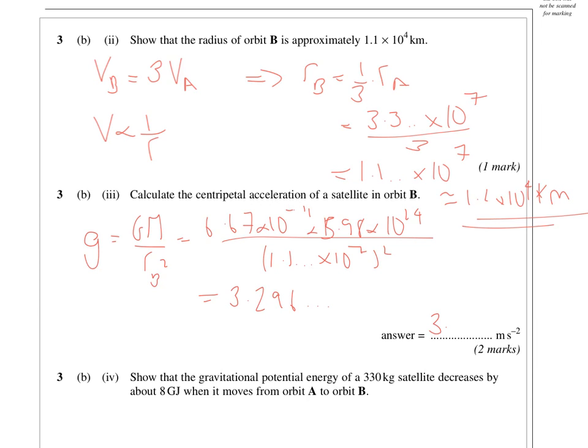So that's just going to be 3.3 meters per second squared, because the centripetal acceleration is just going to be the acceleration due to gravity, which will be the field strength.